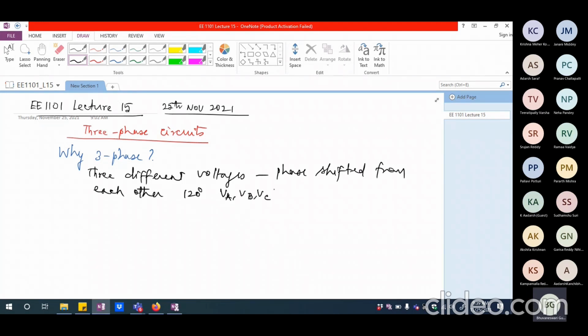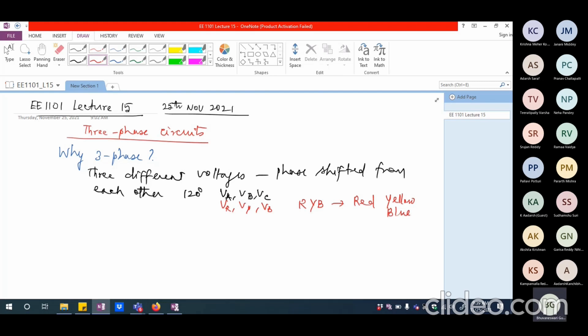Generally we mention them as ABC, or sometimes we mention them with three colors: red, yellow and blue. So we say RYB. So we call this red and yellow and blue. Generally, if you look at the wiring in many places, it will go with this color code.